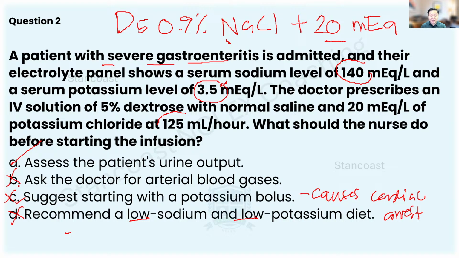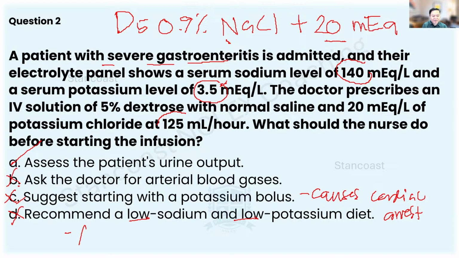Take note of that. Always check the urinary function. Always assess the urinary output before administering the potassium, okay? Because if they have adequate urinary output, this simply means that their kidneys can excrete potassium and it will prevent hyperkalemia.